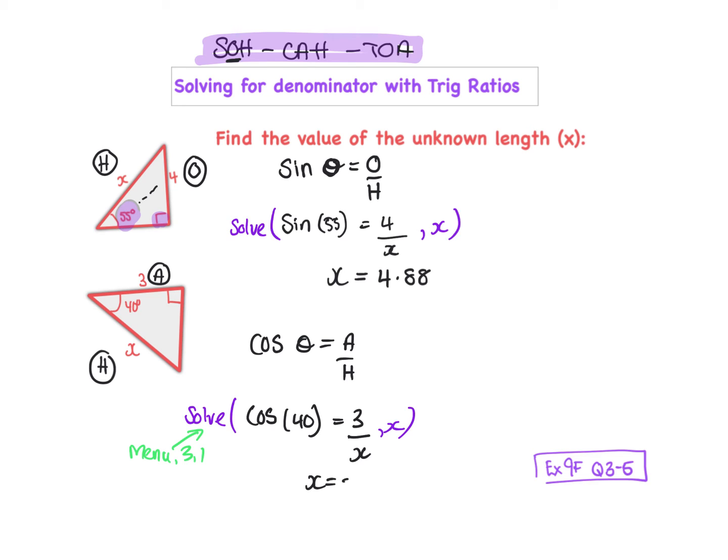X is 3.91. Okay, so you should also be always checking, every time you open up your calculator, check your calc is in degree mode. Yeah? Because sometimes when it dies out and you charge it up, it flicks back to factory settings, which is radians.